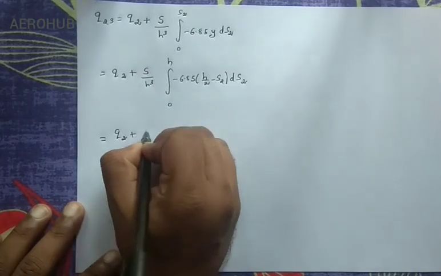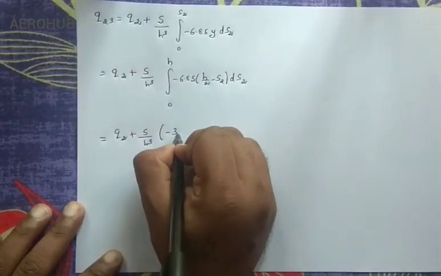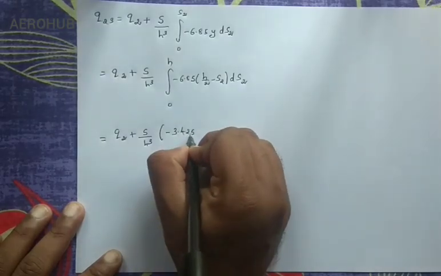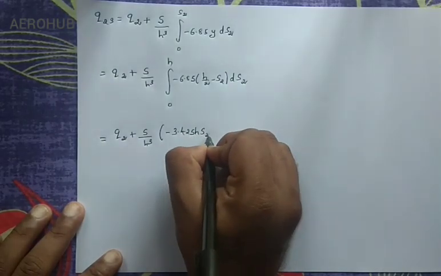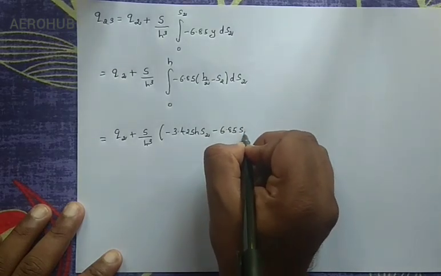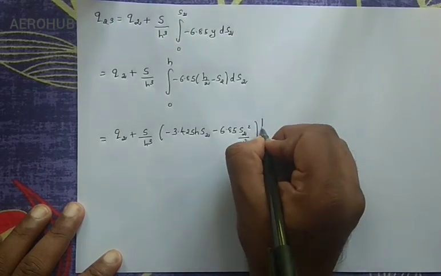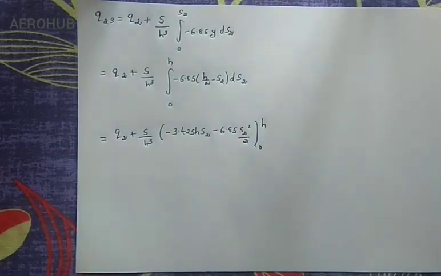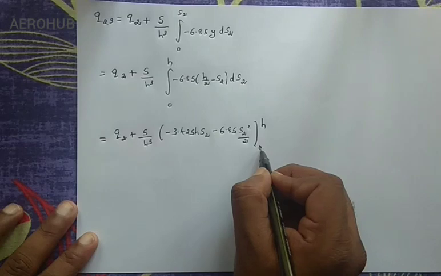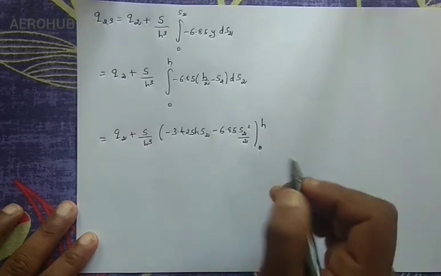Q2 plus S by H cube times minus 3.425 HS2 minus 6.85 S2 square by 2, from 0 to H. Now, if you substitute the lower limit as 0, all terms will become 0, so we will be getting the value of Q2.